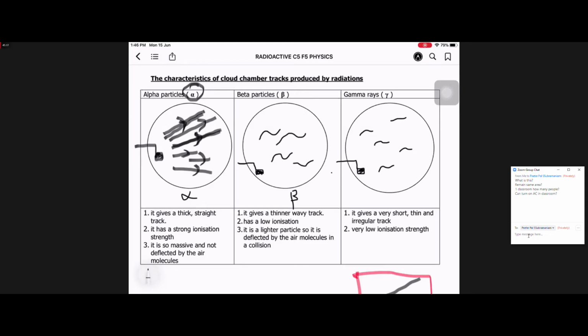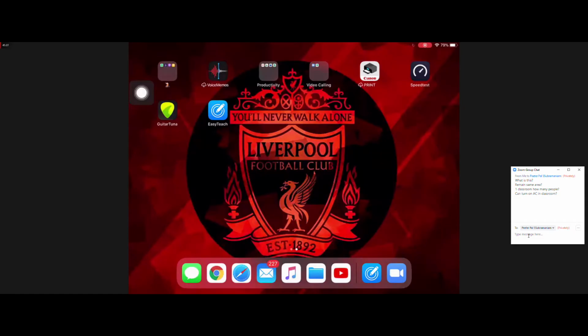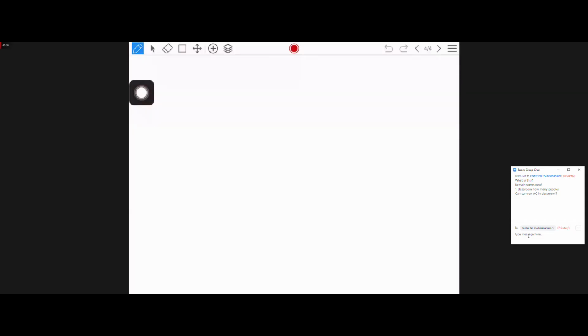Based on this, let me give you an example. Let's say you are using a cloud chamber and you are looking from on top, through the perspex window.